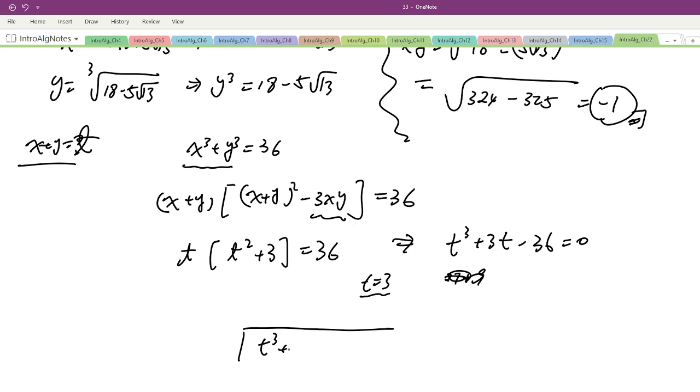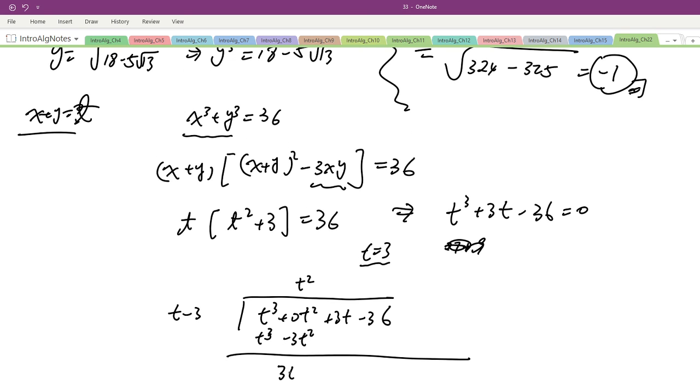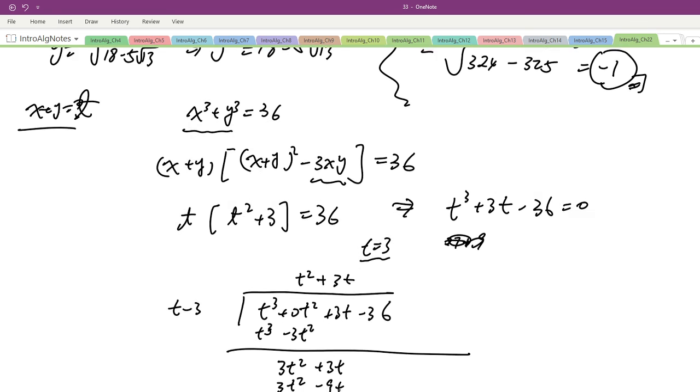So t cubed plus 0t squared plus 3t minus 36, divided by t minus 3, right? So we have t squared, and t cubed minus 3t squared. Then we have 3t squared plus 3t. Then we can do plus 3t, so 3t squared minus 9t.